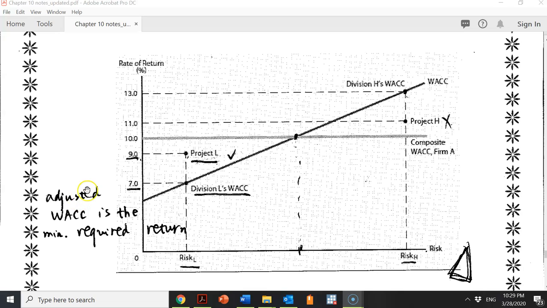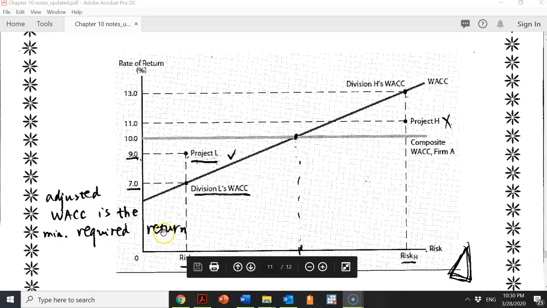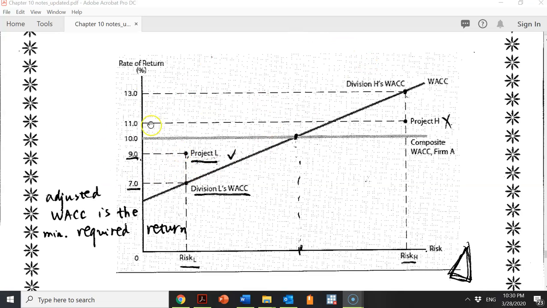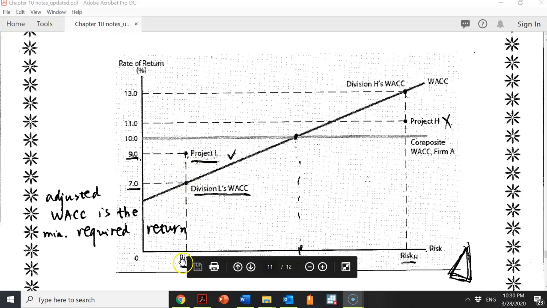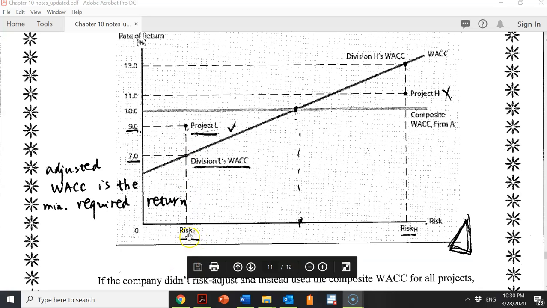So this adjusted WACC is the minimum required return for the project. Any project above the line means the rate of return for the project is higher than the cost for projects at this risk level. So we would accept any project above or on the line.